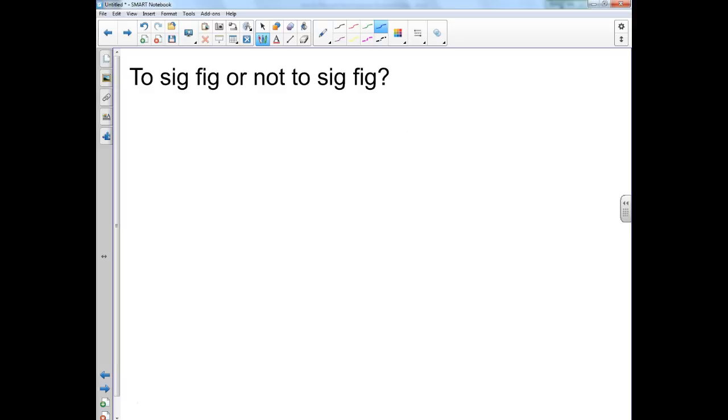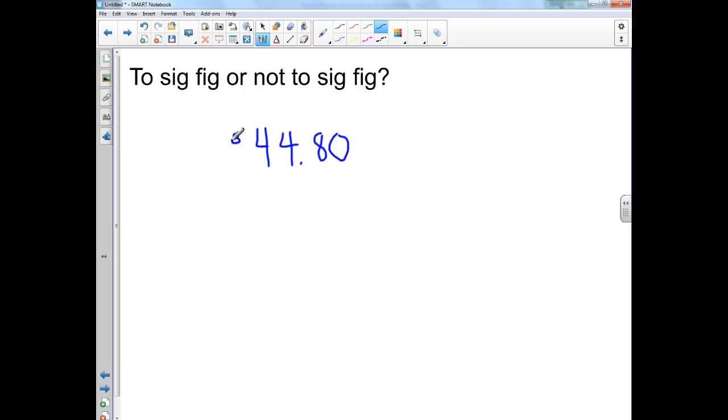Now, why are sig figs important? Well, let's say that you borrow some money from your friend, and how much do you borrow? You borrow $44 and 80 cents.